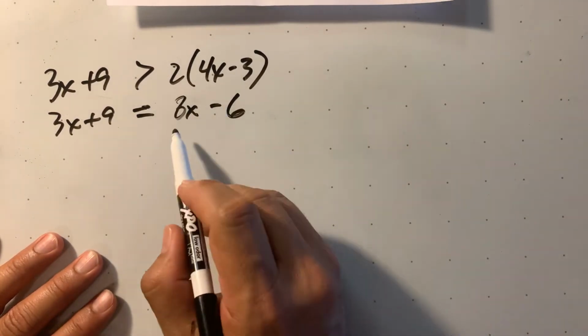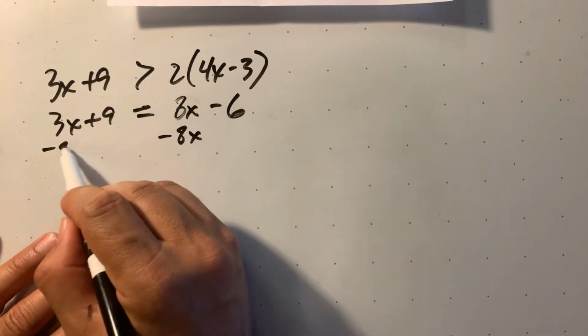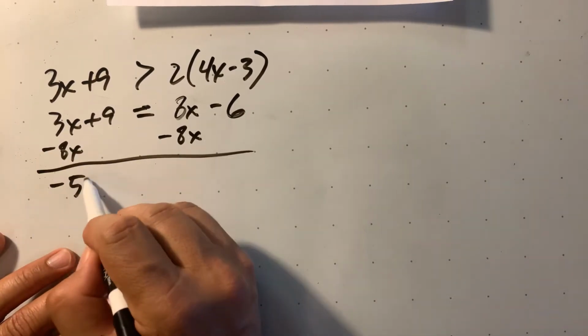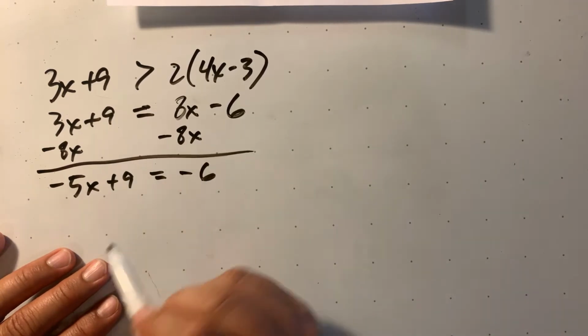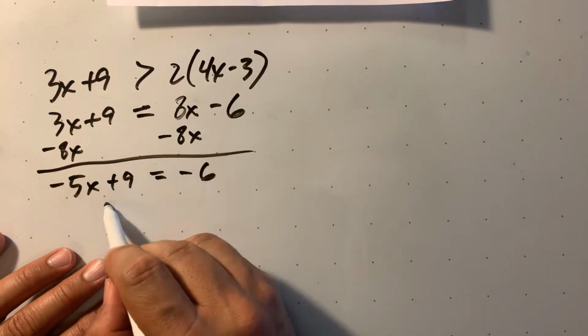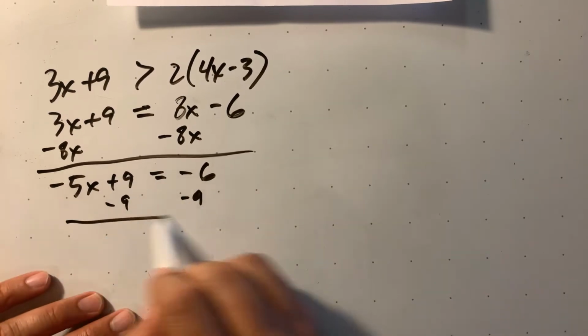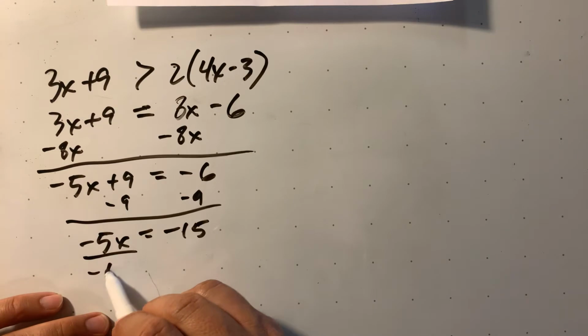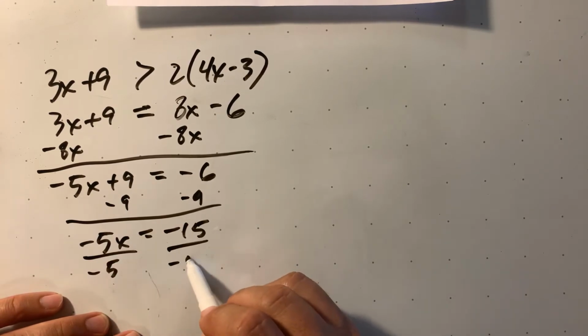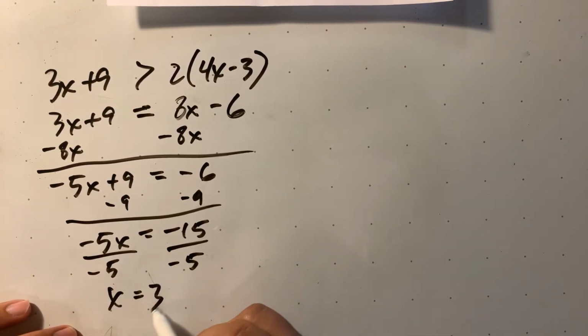All right, so I'll subtract 8x from both sides, and I'll be left with minus 5x plus 9 is equal to negative 6. And then from here, I'm going to subtract 9 from both sides. So minus 5x is equal to negative 15. And then I'll divide both sides by negative 5. So x equals 3. That's my boundary point.